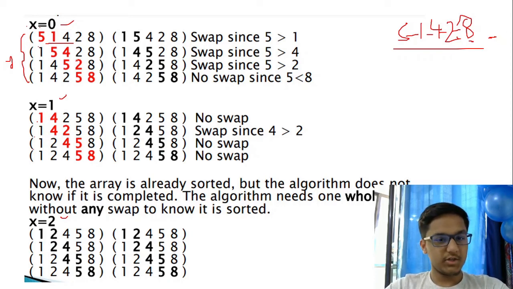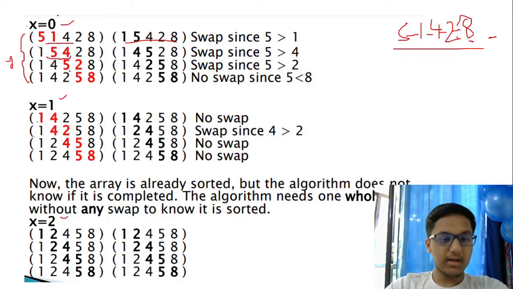Now in the first iteration, we have 5, 1, 4, 2, 8. It's going to compare 5 and 1, and since it's in ascending order and 5 is greater than 1, it's going to swap these two, and the new array becomes 1, 5, 4, 2, 8. Then it's going to compare the next two elements, 5 and 4, and since 4 is smaller, it's going to swap. So 1, 4, 5, 2, 8.